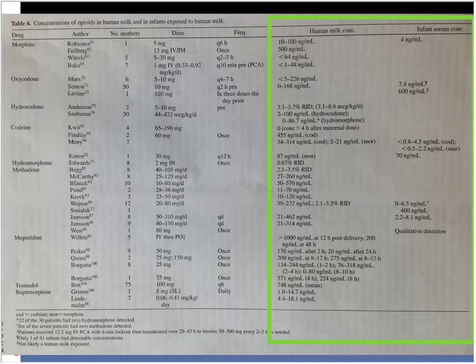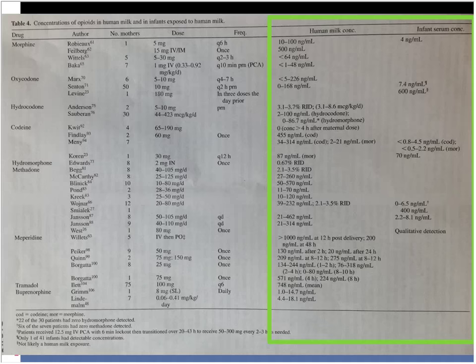All of these opioids are identifiable in human milk without question. And all the way on the right is serum concentration in the infant. Again, mostly fairly low concentrations with some exceptions. So the answer to are opioids found in human milk is absolutely yes.